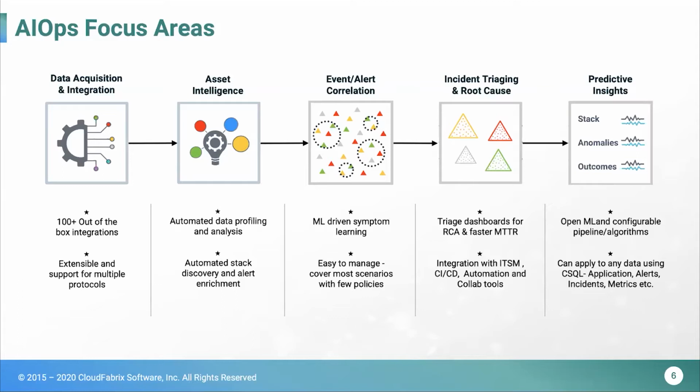And thirdly, we apply a huge amount of AI/ML to provide correlation and reduction of noise in the environment by naturally clustering these events. The fourth aspect has to do with incident triage and root cause. This is what we're going to be focusing on today with incident rooms. And then the last piece has to do with predictive analytics.